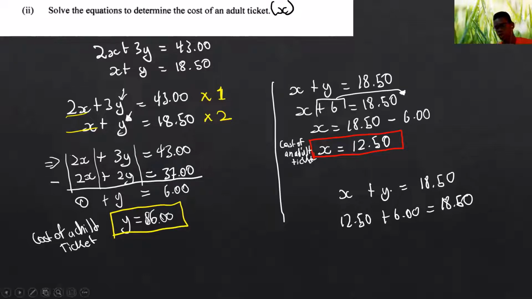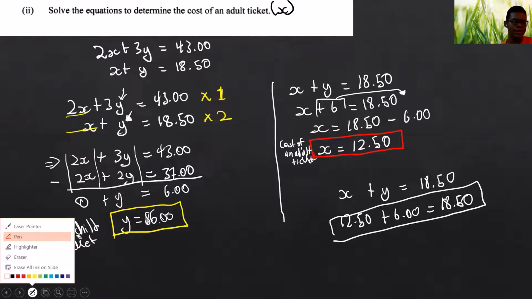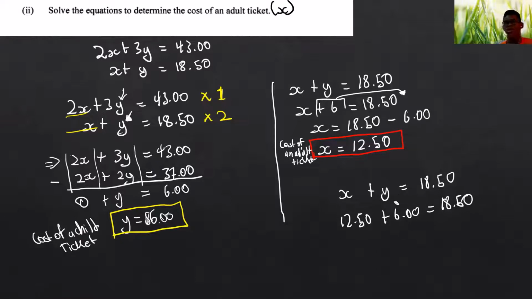That is true. The statements will always be true, so you can do this to check back your answer. Because if it says x plus y is equal to 18.50 since the beginning, and we know what x and y are, now we can plug them in to see if those values are correct.